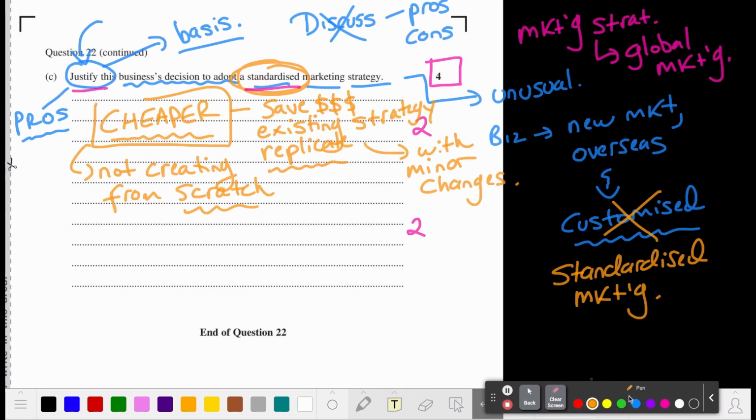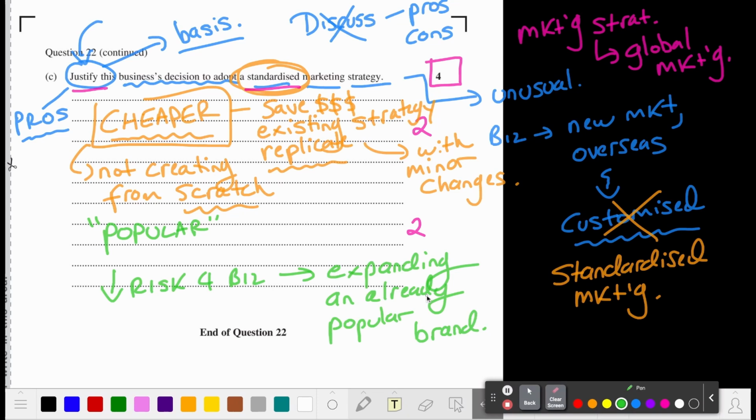Then I'm thinking, okay, what else could I include here? What else would be useful? Something you could think about is that part of the stimulus was that this was a popular guitar brand. That was specifically mentioned in the stimulus, and here is where it becomes relevant. What we could say is if we use the standardized approach, then maybe there is less risk for the business because the manufacturer is expanding an already popular brand.